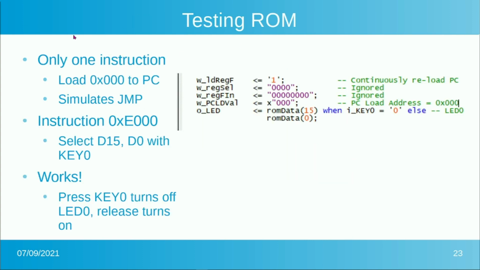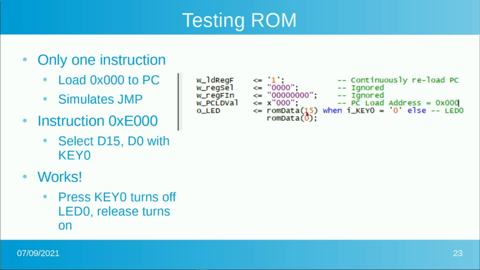Let's test it with our single instruction. We're going to load the PC with 0, and we're going to simulate a jump. It shouldn't do much on what we look at, but it should do something. And simulate jump, and we can select here the D0, or select D15, D0 with key 0.